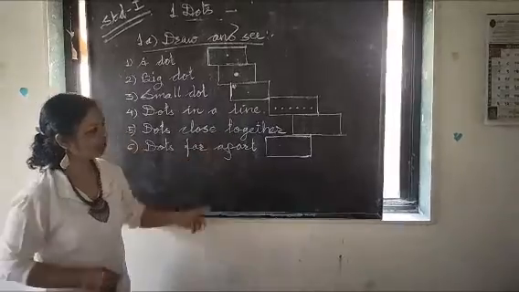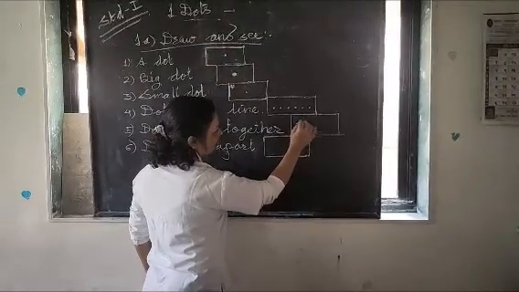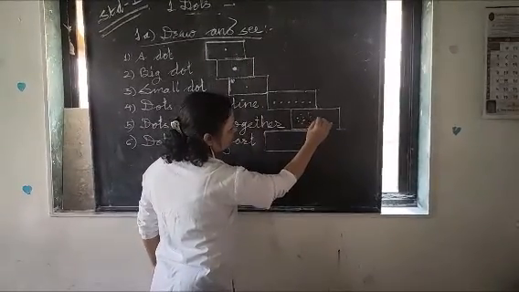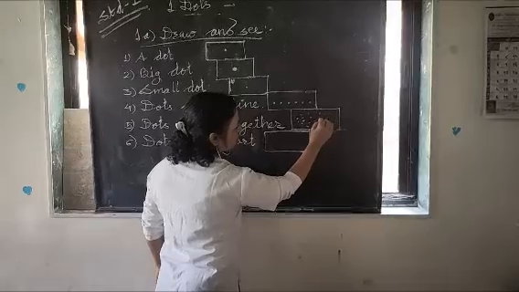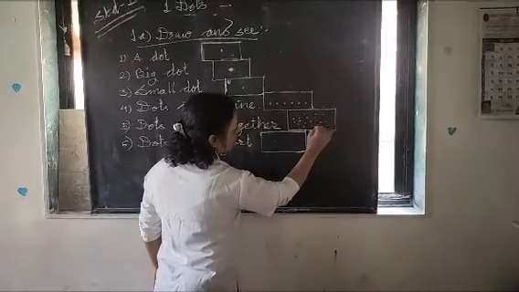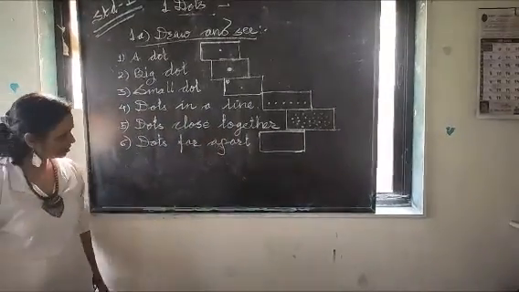Dots close together, we can see there is no sufficient distance, they are very close to each other. These dots we can call as together dots.